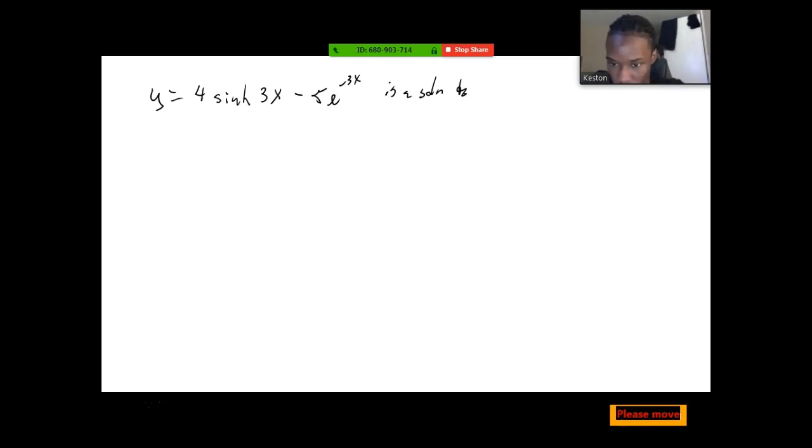The one in example 7 was y double prime minus 9y is equal to 0, a linear, second order, homogeneous differential equation.